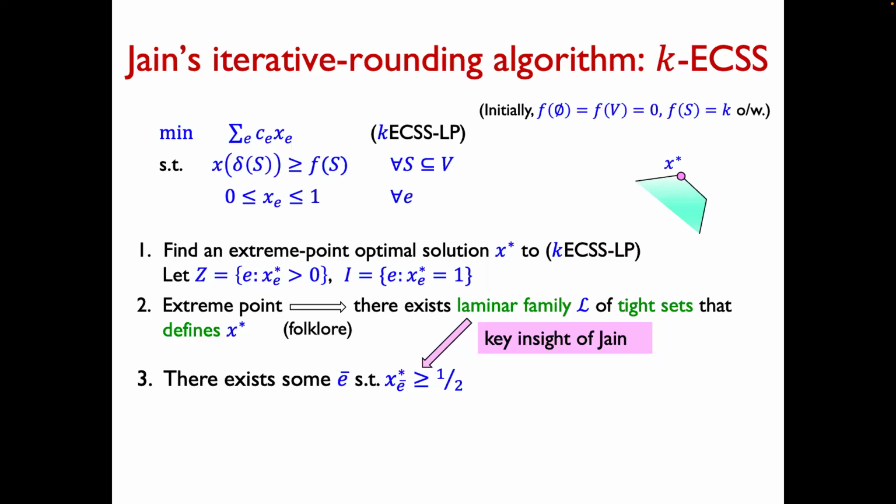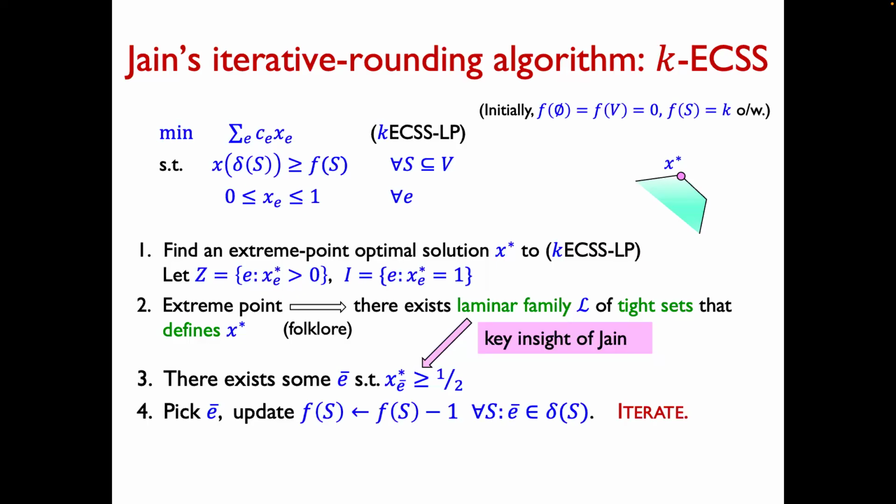This was his key insight. Once we have that, we can pick this edge and update that f function. That f function was capturing how many edges we need on the boundary of these sets. Once we pick some edges, for some sets that may go down to below k, and it'll keep going down. So we update this and now we iterate, and we keep doing this until we get a feasible solution.